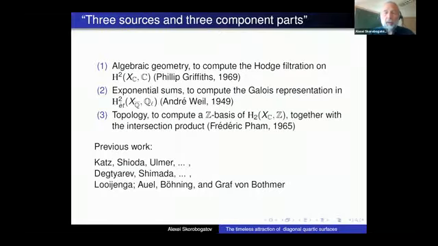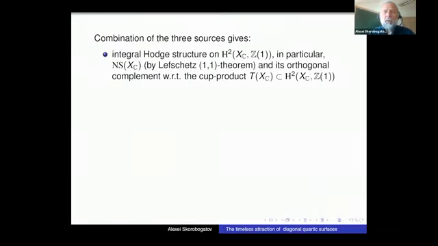So I would like to describe this topological ingredient because I think it's very easy. It's quite elementary and it's extremely useful. By just a combination of these three sources, we now have everything we ever wanted to know about second cohomology.